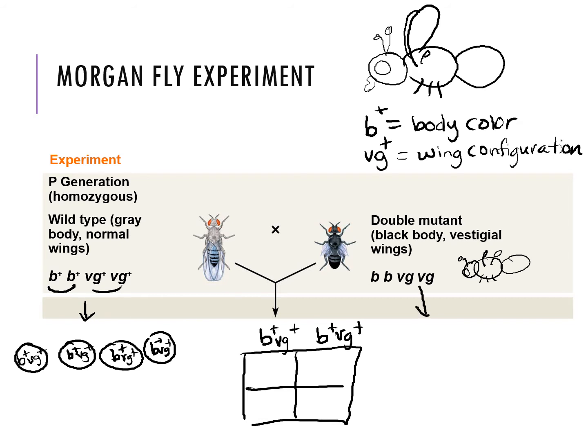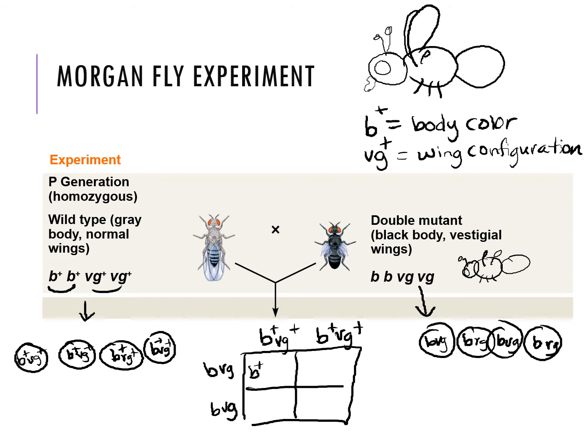The double mutant is also going to give rise to 4 different gametes, and each one is going to have the mutant version of the body color, black, and the mutant wings, the vestigial wings, which they've assigned as vg. So we'll end up with b vg, b vg. So we fill this out, we end up with B+ b, VG+ vg, and that would be the case for all of these squares. Okay, so it will be heterozygous for each trait.